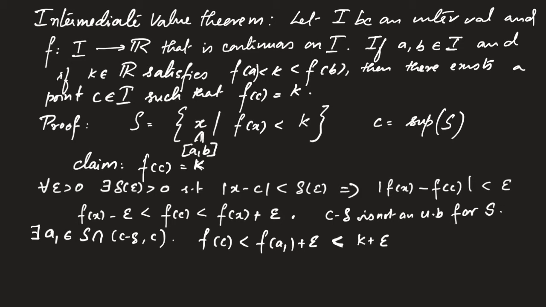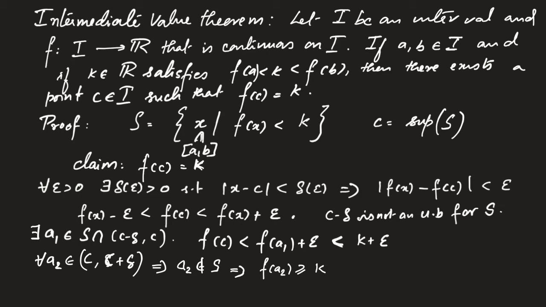On the other hand, if you take any a2 belonging to the interval [c, c plus delta), this implies that a2 does not belong to S. If a2 does not belong to S, what does this mean? This means that f of a2 is greater than or equal to k.